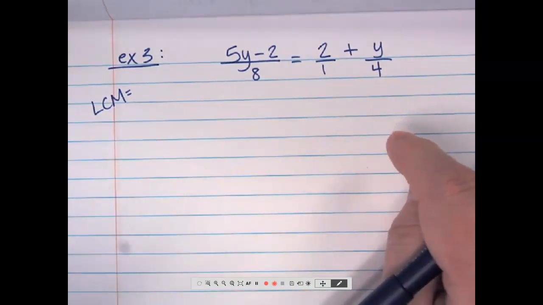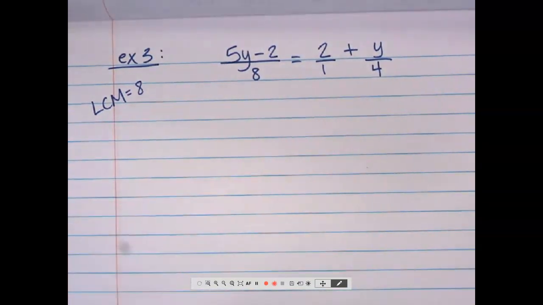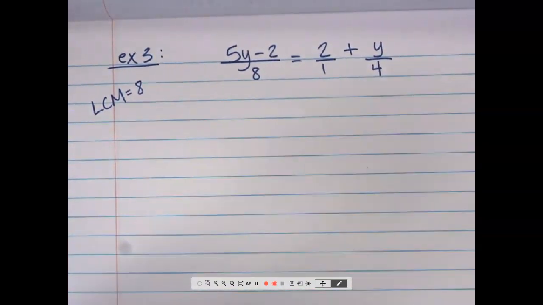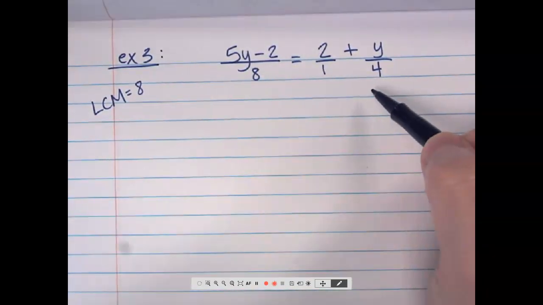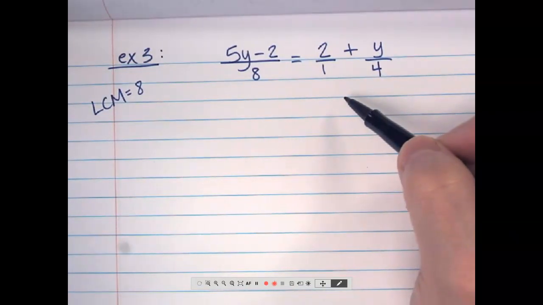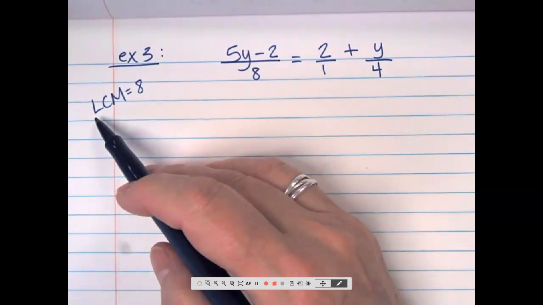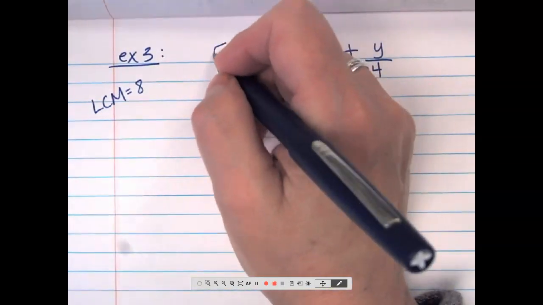But the least common multiple among all of them is 8. So think about this. I'm looking for a number that all these will divide into evenly. Now, I could use 32. I could use 64. There's lots of numbers I could, but to make it easy, you want to find the smallest one that'll work. Okay, so that number is 8.